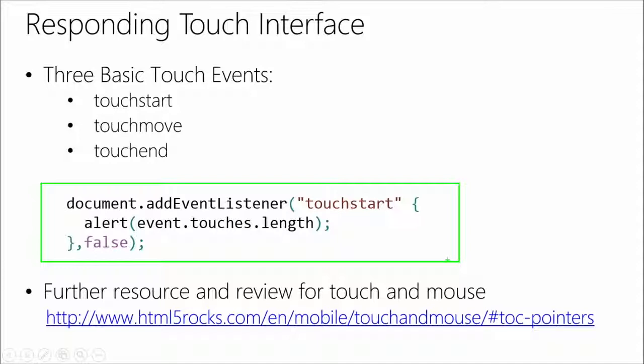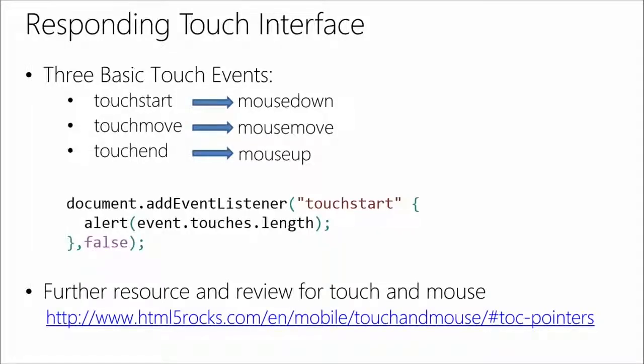In this case, we're actually listening for the touch start event to occur. And when that occurs, we're just simply going to write out to an alert box, pass in the length property. Seems pretty straightforward. By the way, the length property just simply returns, believe it or not, the number of fingers that have been touched on the device. So that's simple. Yep.